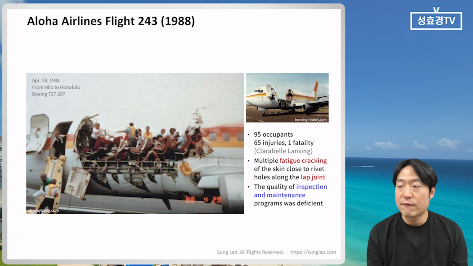There were 95 occupants and 65 injuries. We know the safety belt is very important when we go into the airplane. Unfortunately, there was one fatality, a flight attendant who was swept away. We know that the quality of the inspection and maintenance program is very important to understand.